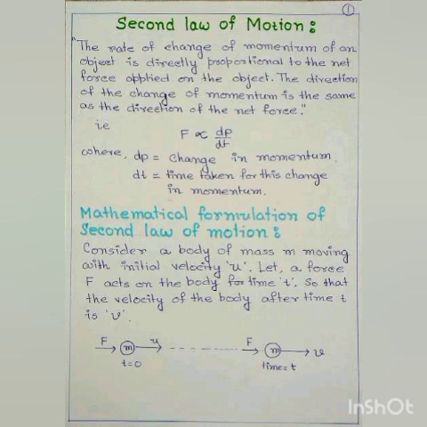Means initially the object is moving with velocity u, and let at the initial moment, that is at t equals to 0, a force F, capital F, act on the body for time t, small t, and during this interval of time the velocity of the body changes to v. Due to application of this force, the velocity of the object changes from u to v.